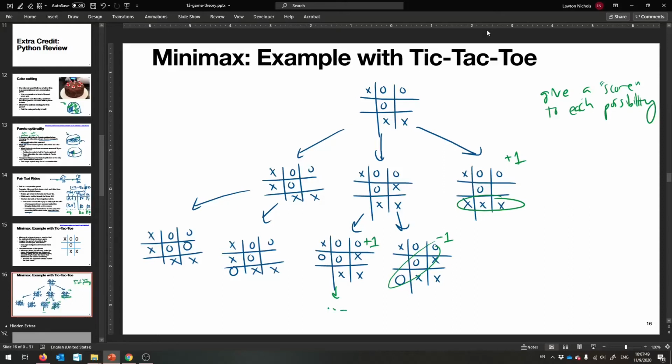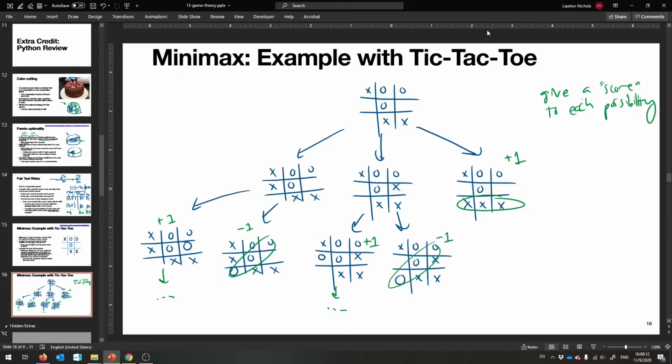We don't like that. And then the same with these. So for this one, the O has won, so we'd give it a score of -1. And then for this one, because we are about to win, because we can go right here, in that case, we can give that a score of +1.